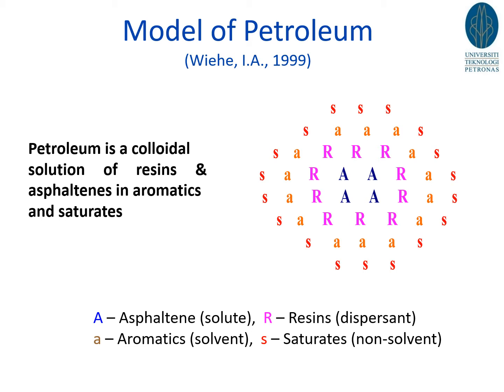Asphaltenes here refer to the solute or solid material that dissolves in the solution. Resin is a dispersant, distributed loosely in the aromatic solvent. Aromatic here is a liquid substance that is capable of dissolving the asphaltenes and resins, and saturates here refers to the non-solvent hydrocarbon.